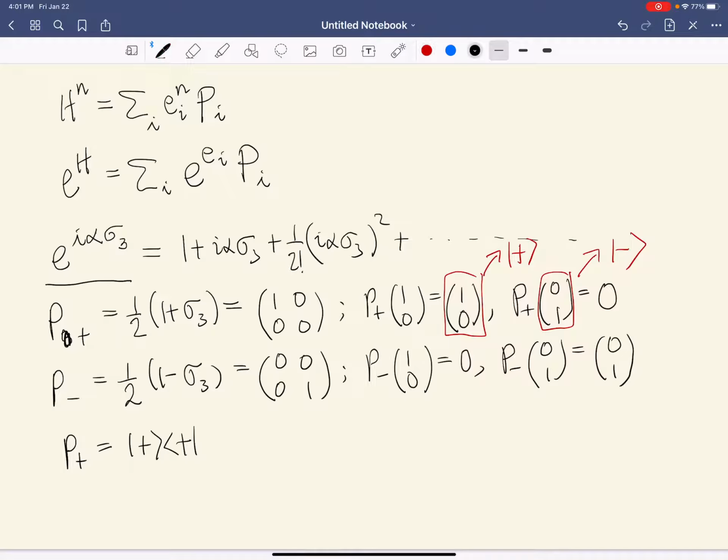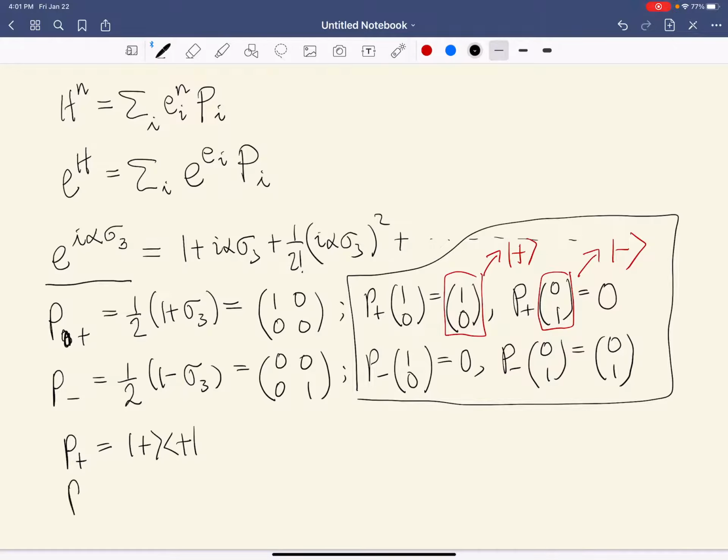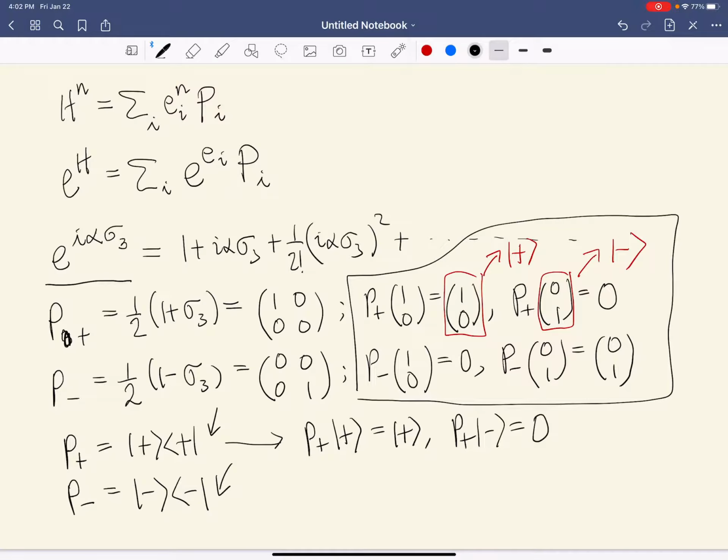Okay, so all of these things can be understood by writing P plus and P minus as this and this, right? Because according to this definition, P plus acting on plus will automatically return a plus, but P plus acting on a minus will automatically return 0. Likewise, P minus acting on plus will annihilate it, but P minus acting on minus will simply return the minus.